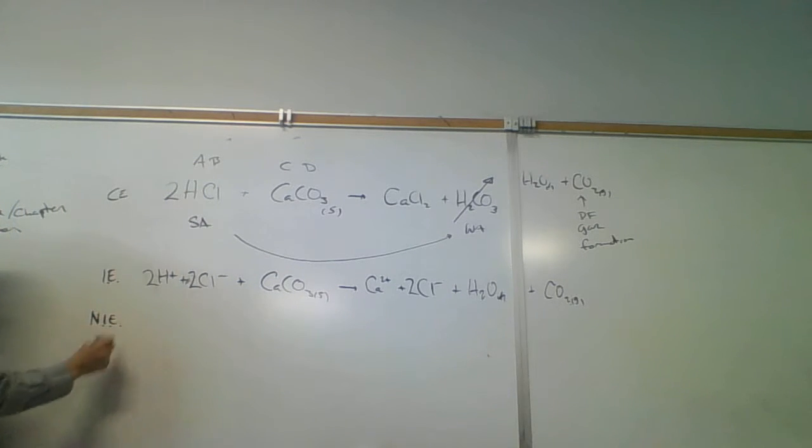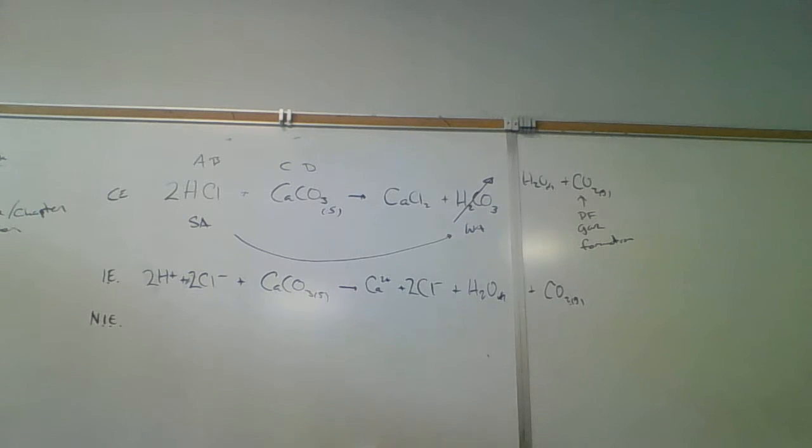Okay, then we go on to the net ionic equation. Net ionic equation, we get rid of spectators. So are there any ions that didn't participate in this reaction? Any spectators?